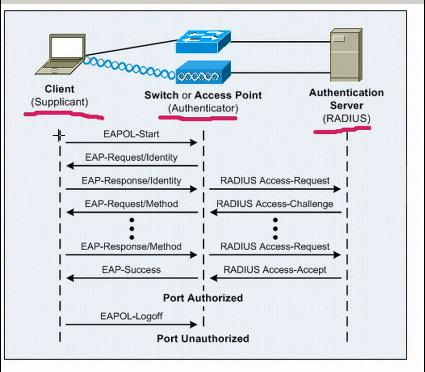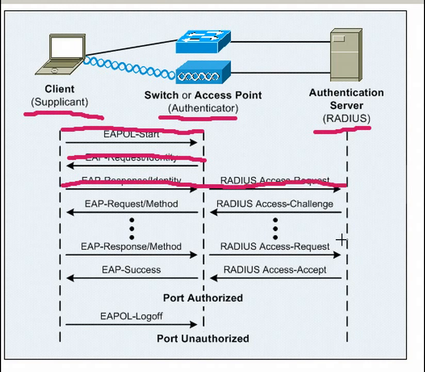So the process we get when we start up with this thing, the supplicant sends an EAP, Extensible Authentication Protocol, over LAN to the access point. The access point then requests the identity. The EAP, we then send the identity, and the identity goes to the authentication server.